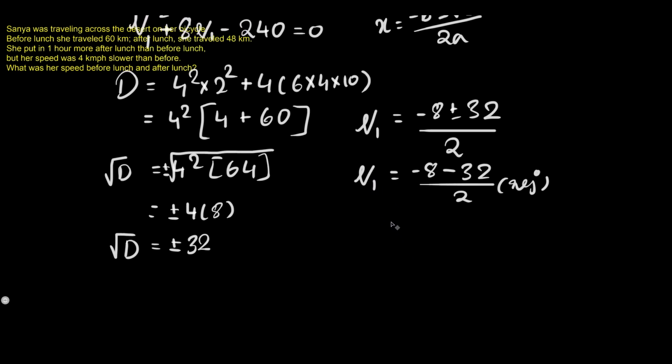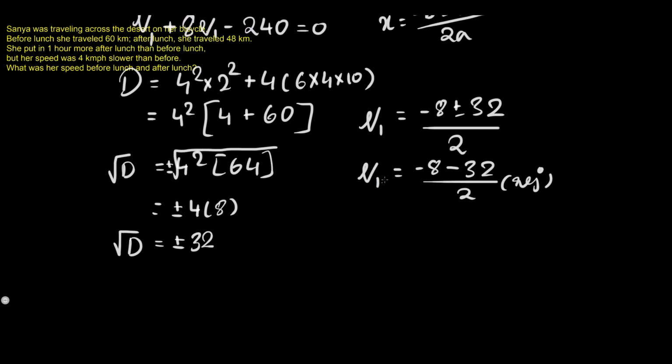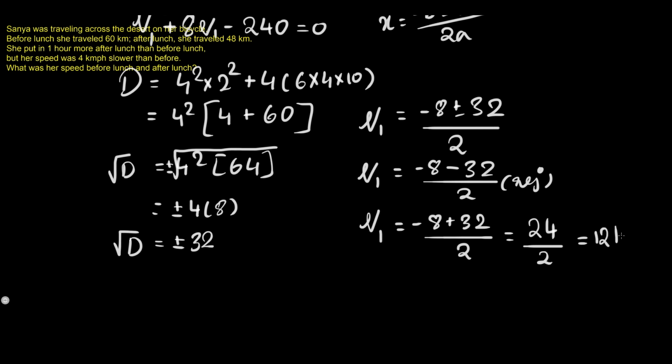I mean, velocity can be negative, but we are not talking about velocity, we are talking about speed. So v1 is equal to minus 8 plus 32 over 2. That is 24 over 2, giving me 12 kilometers per hour. That's the speed before lunch.